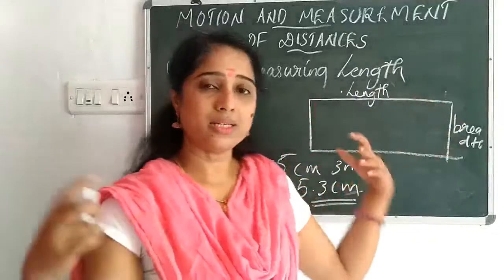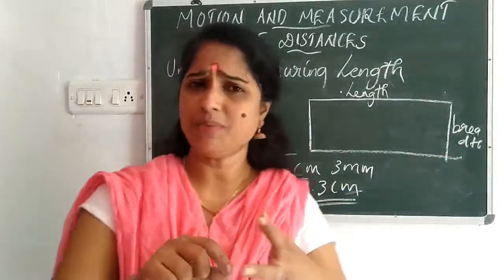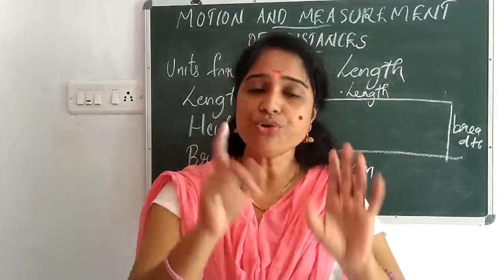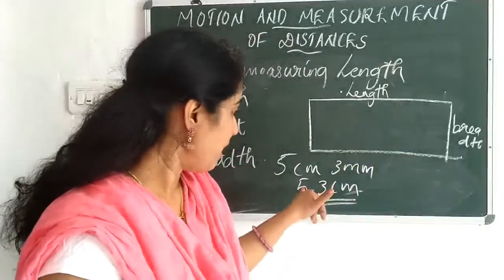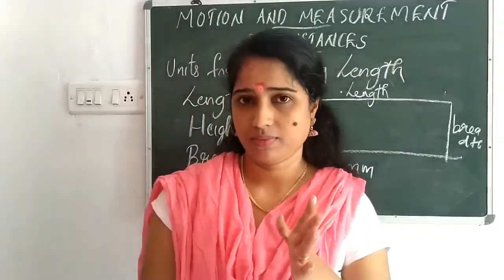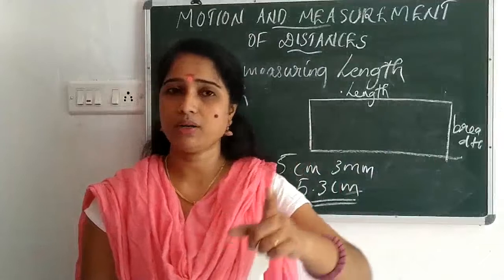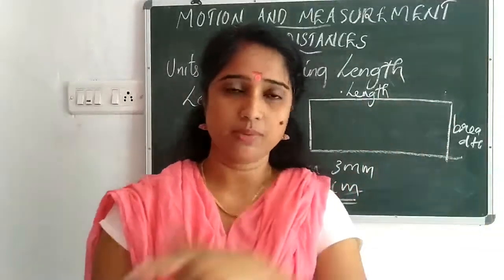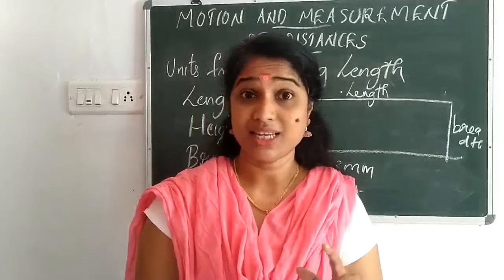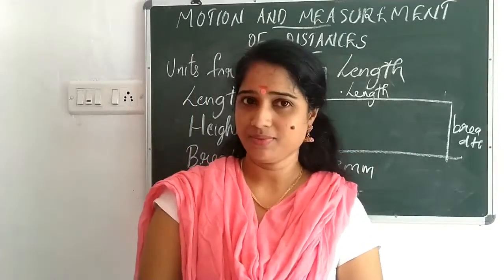Sometimes you may get 4 centimeters 1 millimeter, or 3 centimeters 2 millimeters. Please don't write like this. You should write in centimeters only. If it is 5 centimeters and 3 millimeters, you should write 5.3 centimeters. Don't write millimeter there. Take the measurement of the length, height, and breadth of your instrument box, and take a photo, or just write the values and send them to me through WhatsApp. Okay, children? Yes, you should do it.